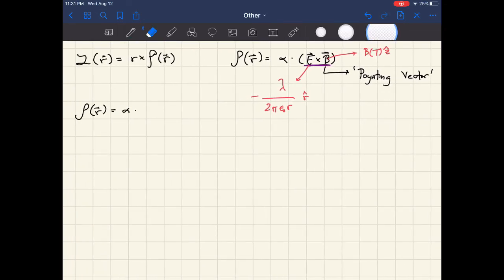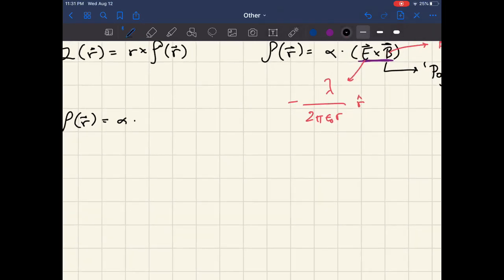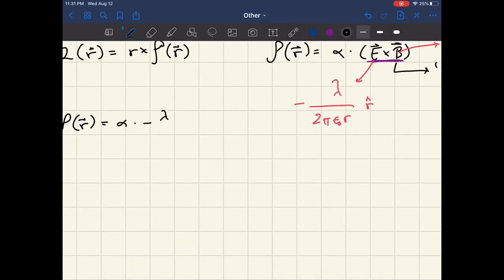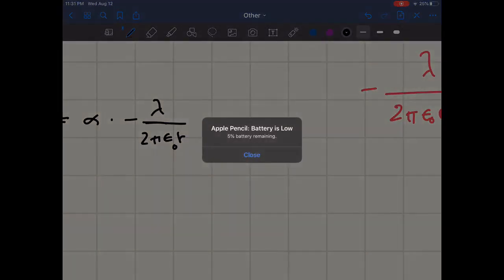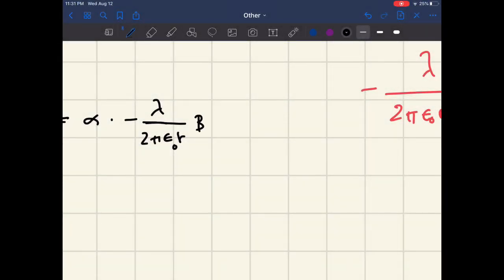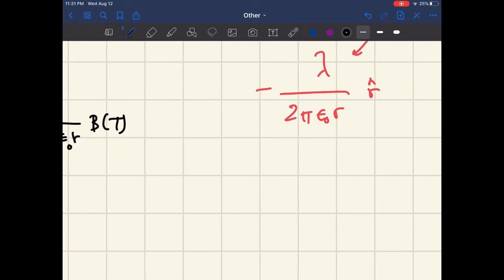Yay. So now let's get to doing the cross product. Negative lambda over 2 pi epsilon naught r times B of t, then times r hat cross z hat.